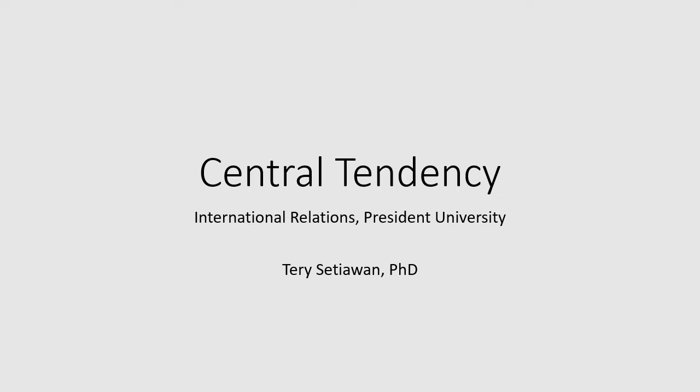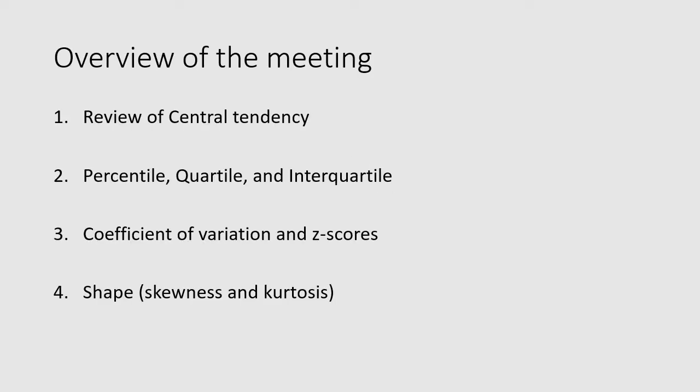Today we will be talking about percentile, quartile, and interquartile, and we will also talk about the coefficient of variation. It was actually supposed to be delivered last week, but I put it here so that we can have more variation of the central tendency. And besides, last week was already full, and I think there was already enough of last week's material.